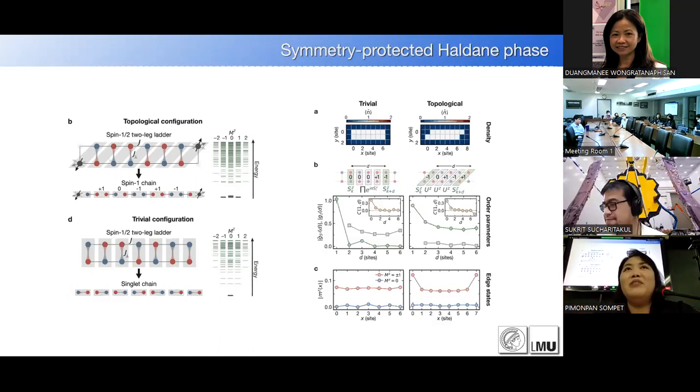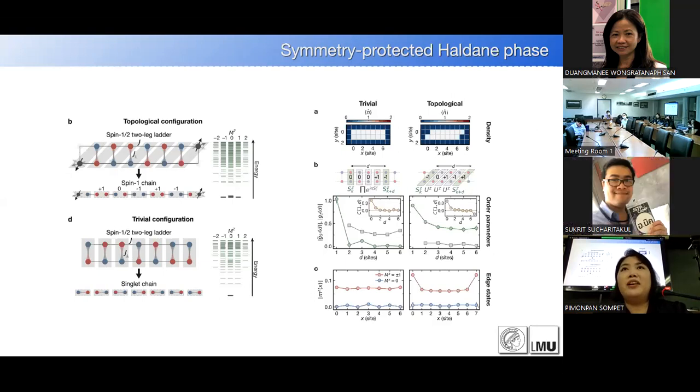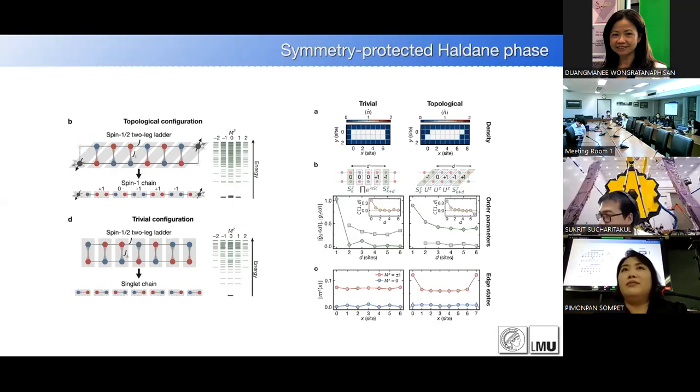You have a chance to do frontier physics such that you always publish in those nice papers. I think it's just a matter of whether the instrument is ready to do those things or not. I think Thai people are also as smart as them, but we just don't have enough funding to do so.